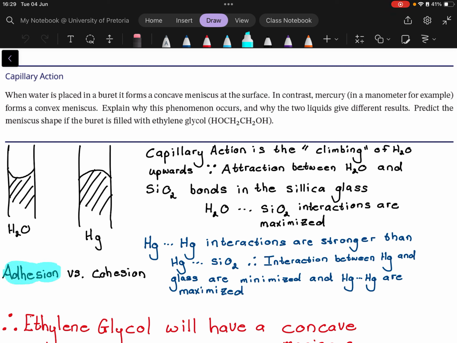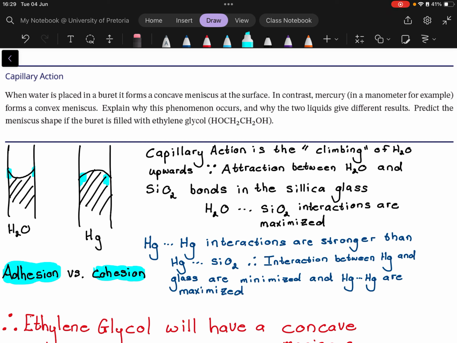Water wants to adhere; there's an adhesive force for the water to climb up the walls of the buret, whereas cohesion dominates in the mercury case. Meaning there's a bigger cohesive force between the mercury molecules than between the mercury and the walls of the buret.